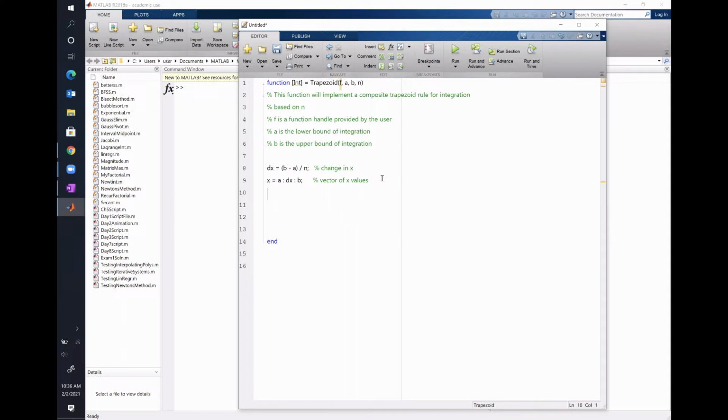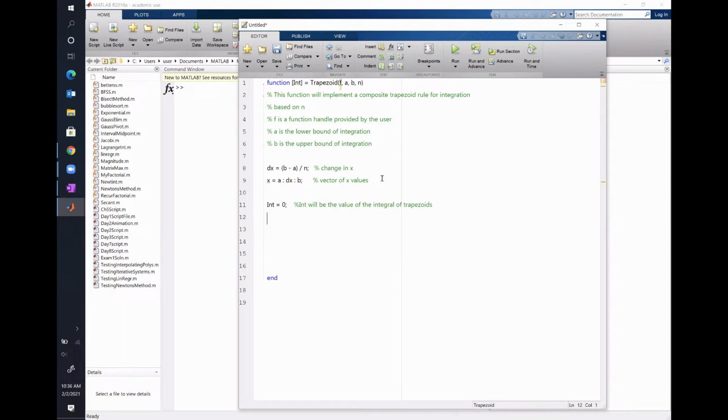So I got my x-axis, I got my dx. All I need to do now is basically add all those terms together, all my function values. Make sure I multiply by 2 on the ones that need to be multiplied by 2. So I'm going to initialize my integral value to be 0. So int will be the value of the integral of trapezoids.